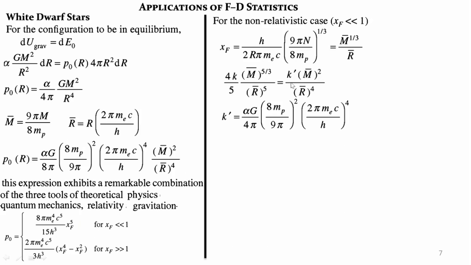And xf itself is nothing but m bar raised to the power 1 by 3, isn't it? So on the left hand side we have a 4 by 5 factor. Where is that factor of 4 by 5 k coming from? k is given by this expression, which is coming from this one.